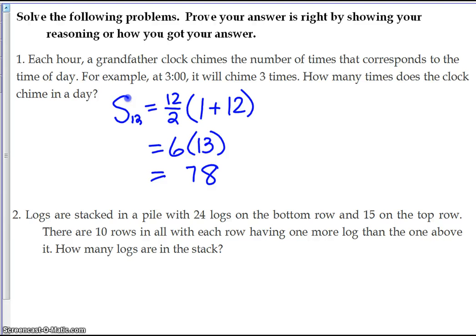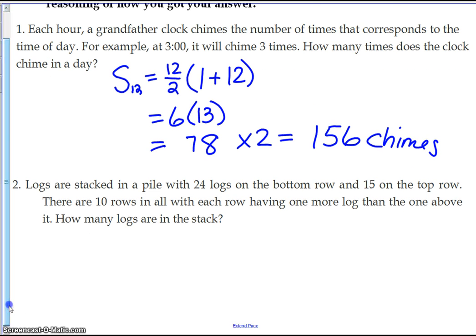So 6 times 13 is 78, but that's in half a day. We would have to double that because it happens twice in a 24-hour period, because it says in a day. A day is 24 hours. And so we would have to make that 156 times. So we have 156 chimes in a 24-hour period.